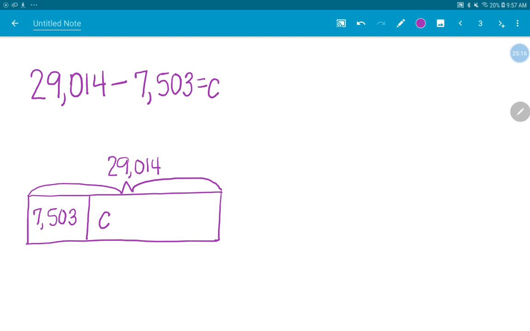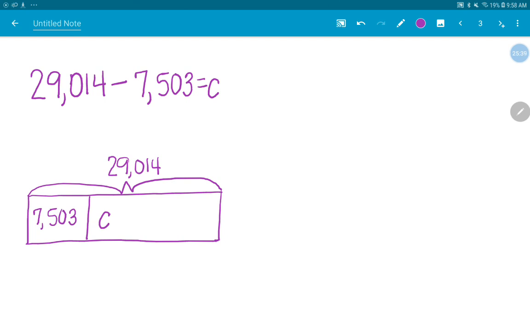Now, I'm not going to count you wrong if you divide it in the middle. But just using a little bit of number sense, I know if I have 29,014 as my total, and I take away 7,503, my other part's going to be a lot bigger, right? Because I'm going to have more than 10,000.